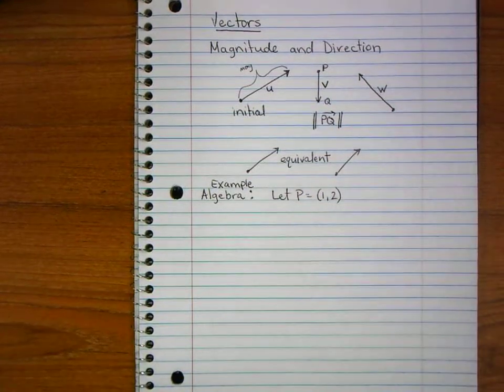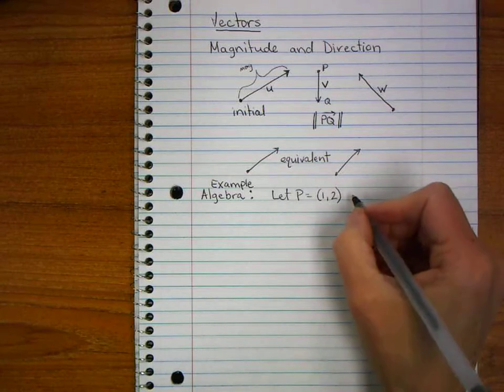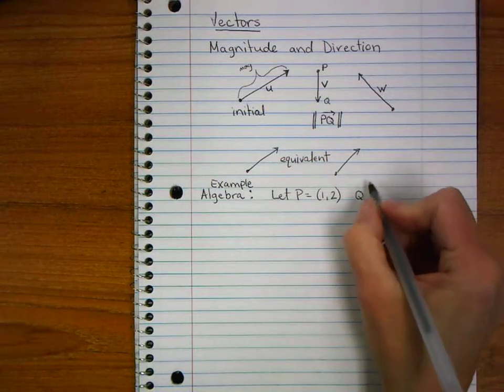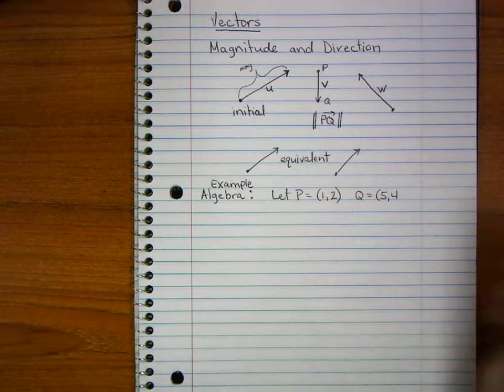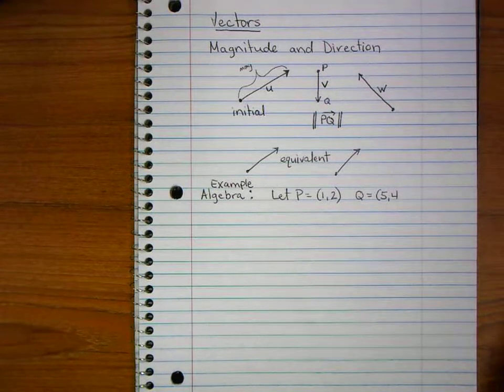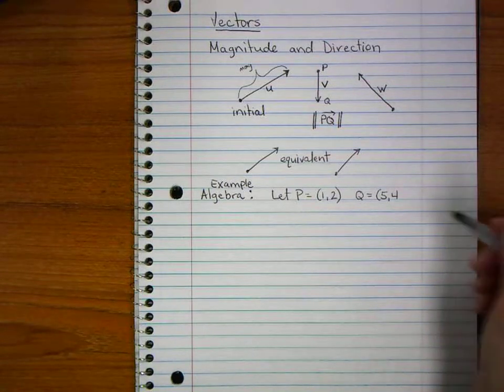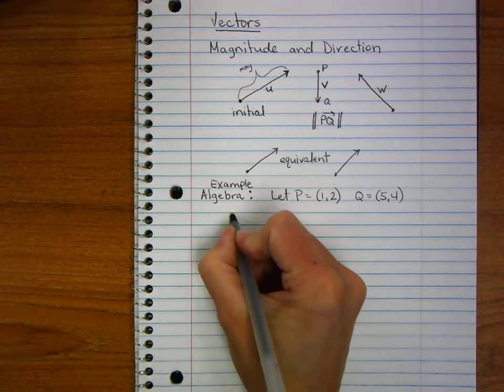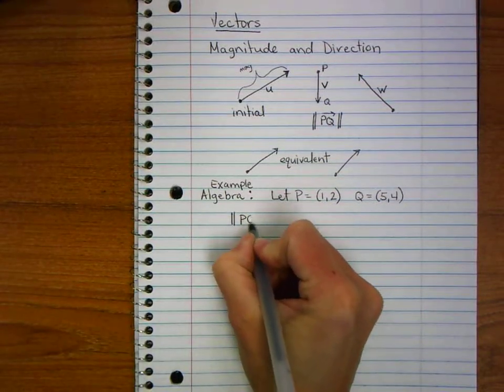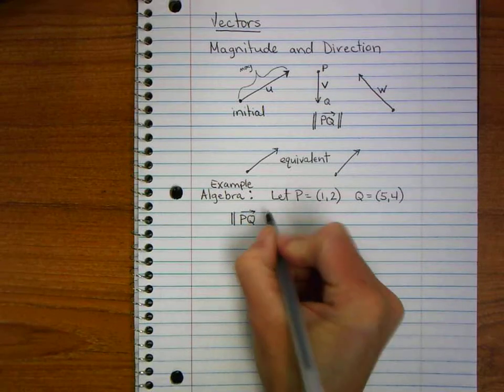We're going to put this on the coordinate plane so we can talk about it a little easier. The point Q at 5, 4. And I want to find the magnitude of vector PQ.